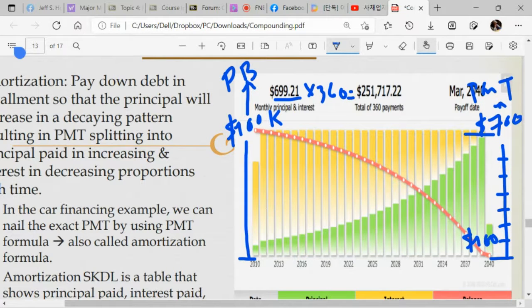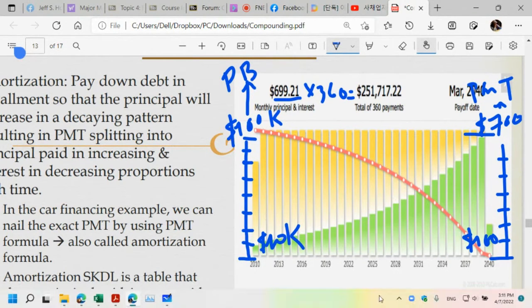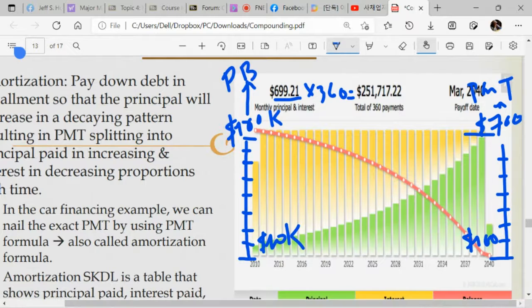But in the left vertical axis, each increment is like $10,000, 10K, 20K, 30K, 40K, 50K, and so on. I don't know if I drew it correctly, but the top is 100K. So they are on two different scales. Then it should make sense.